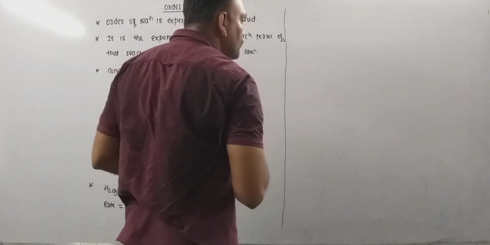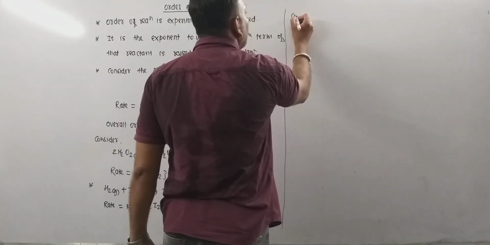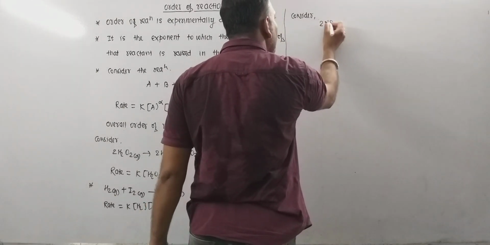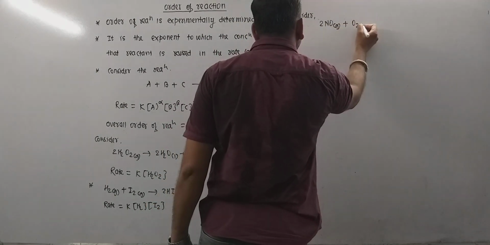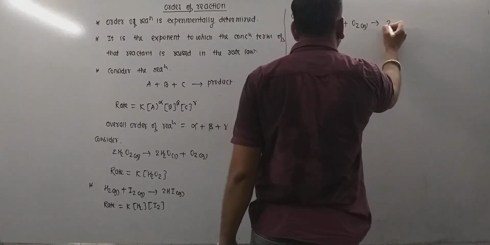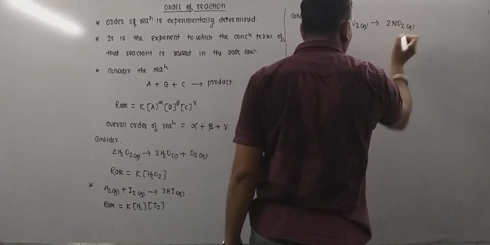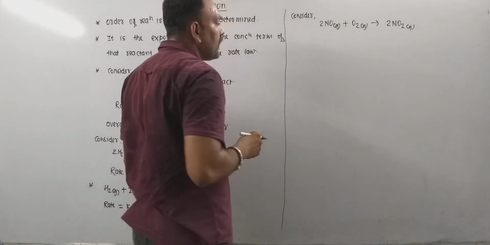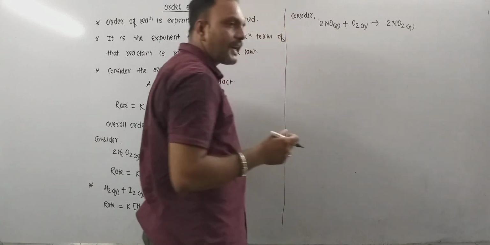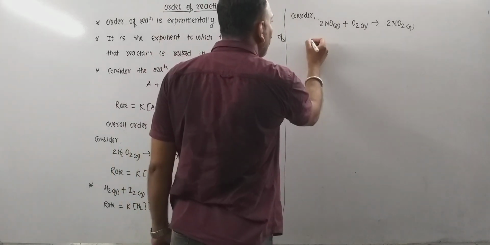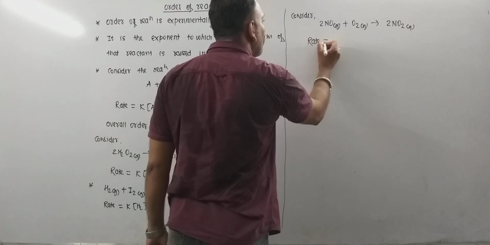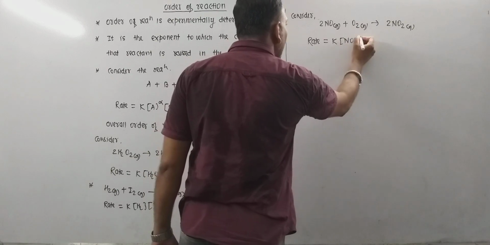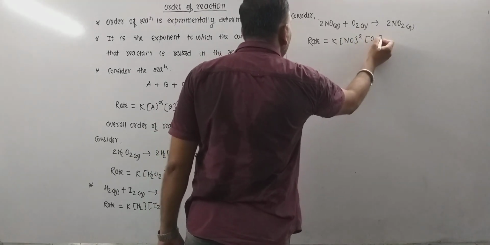Now consider another example: the reaction 2NO gas plus O2 gas gives 2NO2 gas. When we determine the order with respect to each of the reactants, one can give the rate law: rate equals K into concentration of NO to the power 2 into concentration of O2.